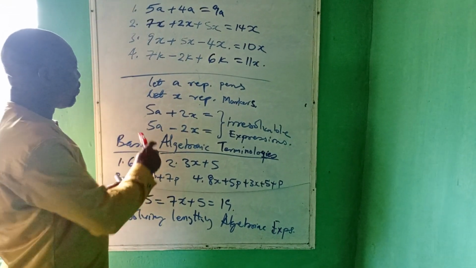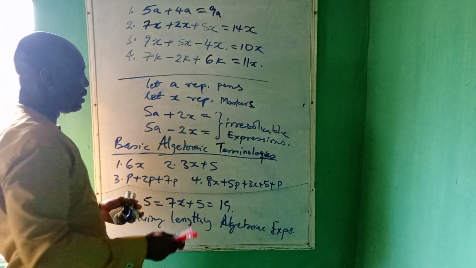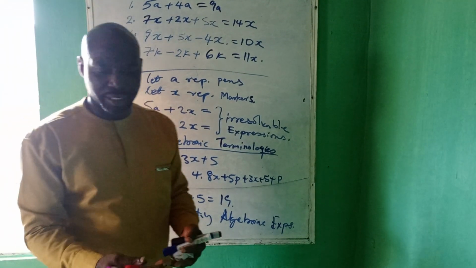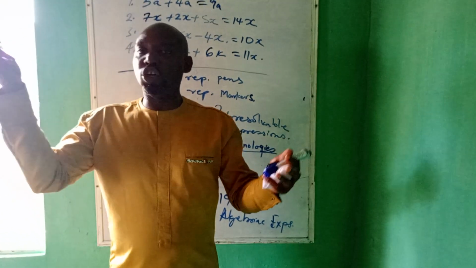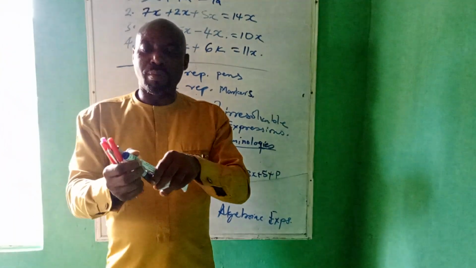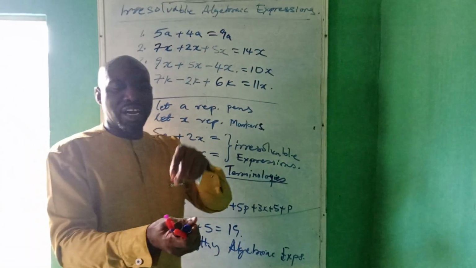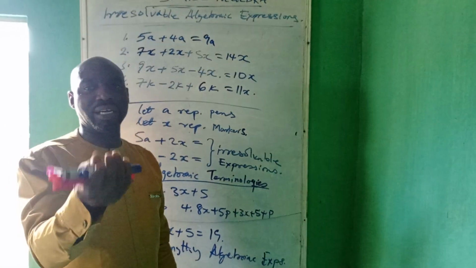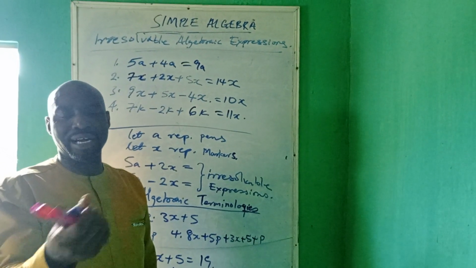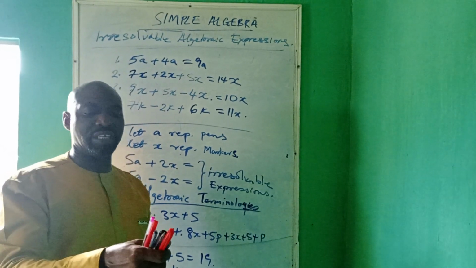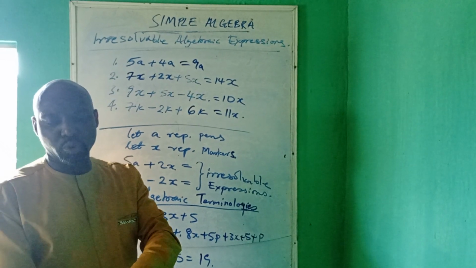Now we have 5a plus 2x. When you see expressions like this, now let's do this. We have 5 pens here, we have 2 markers. When you join your pens and your markers together, you find out that what you have here remains 5 pens and 2 markers. When I ask students these questions, they will say 7. They don't know whether to say 7 markers or 7 pens or 7 whatever. You find out that these things we are not able to join.